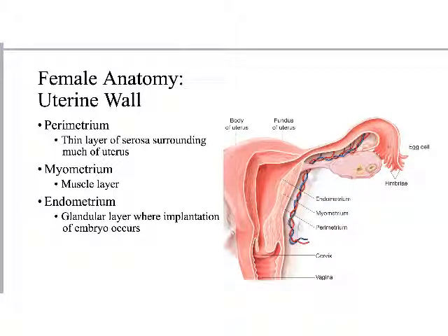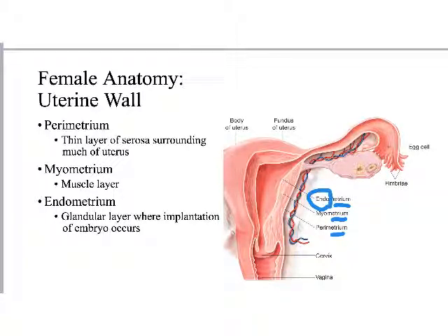The inner layer is called the endometrium. If you remember, endo means inside, so that should be easy to remember. Metrium occurs with all of these words. The endometrium on the inside is the part that, during the menstrual cycle, gets thick and then eventually gets sloughed off and bled out. The myometrium is the bulk of uterine tissue.